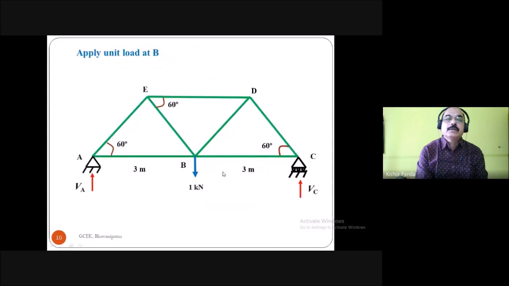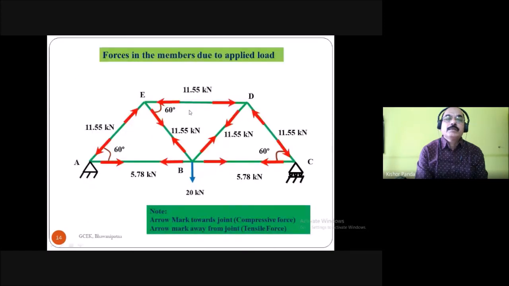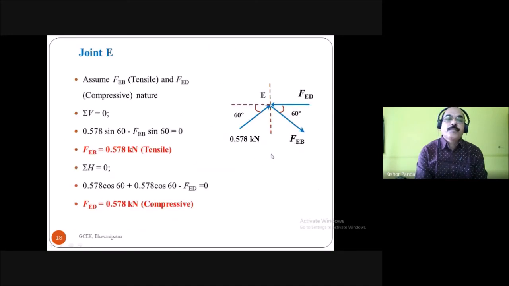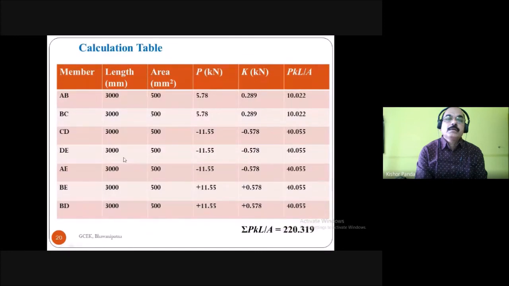These three are 11.55 kilonewton compressive. Then for BE it is plus 11.55, tensile, and BD is plus 11.55 kilonewton, tensile.